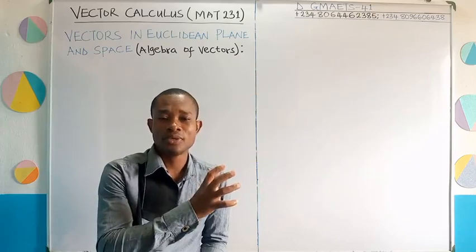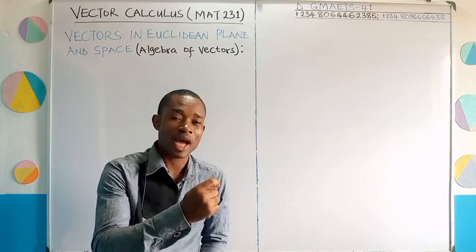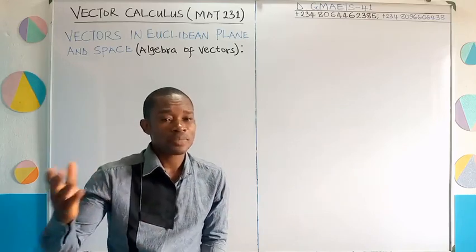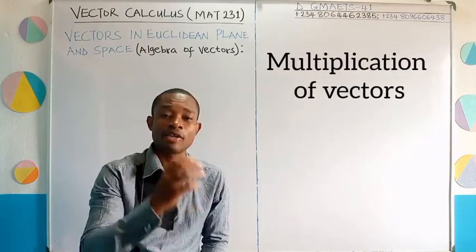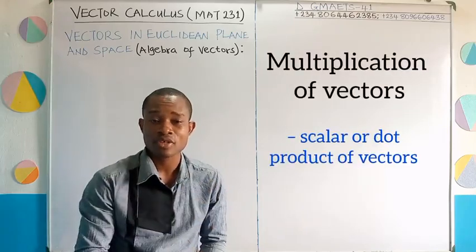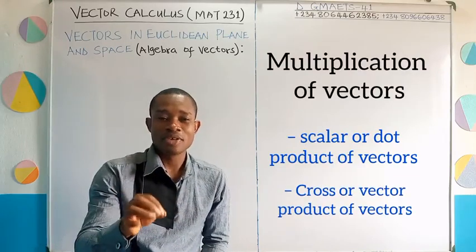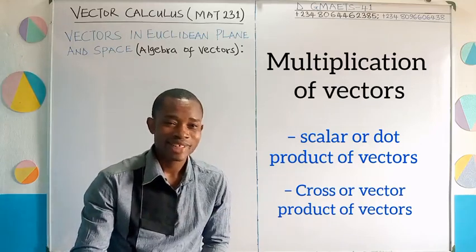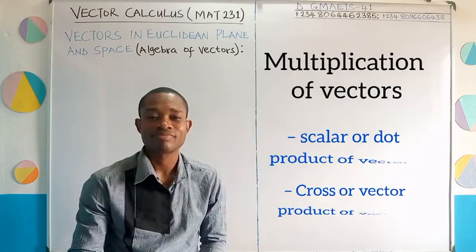So these are basic rules we are going to apply when we are treating addition and subtraction of vectors. Then we'll also talk about multiplication of vectors. We're going to learn the scalar or dot multiplication method of vectors. We're also going to consider the cross, also known as vector product of vectors. Remember, you don't divide a vector by another vector.